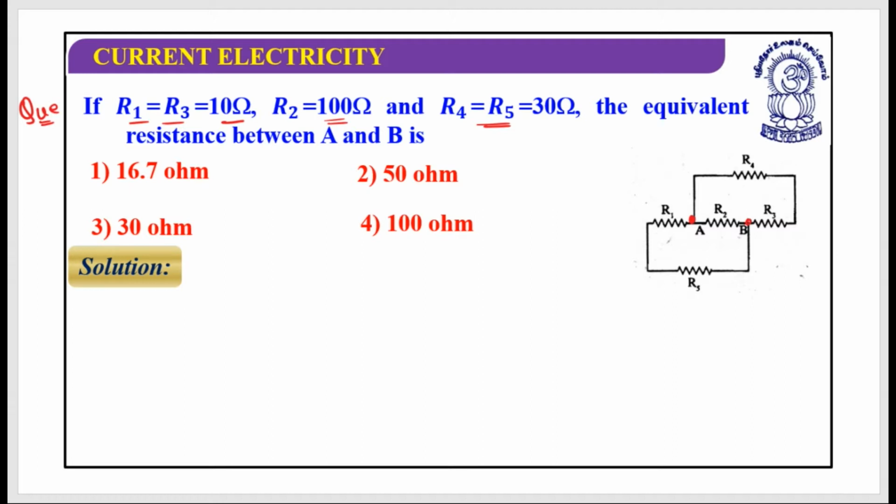In this kind of situation, what I need to do is simply give them names and try to redesign the circuit in an easier way so that I can identify which are connected in series and which are connected in parallel.